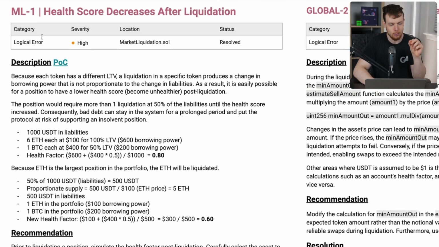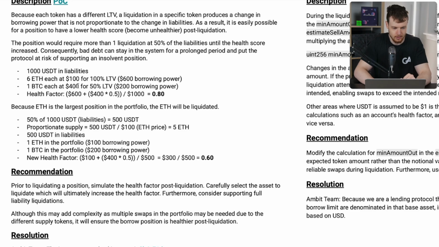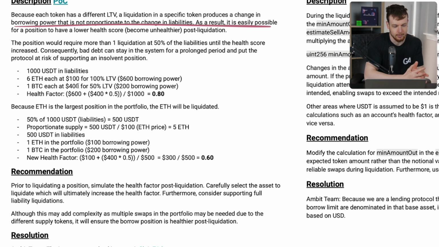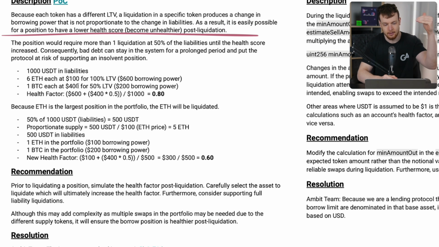We can see ML1 here, health score decreases after liquidation. And we can see in the description, because each token has a different LTV in the collateral basket, a liquidation in a specific token produces a change in borrowing power that is not proportionate to the change in liabilities. And so as a result, you can have a position get a lower health score post liquidation.